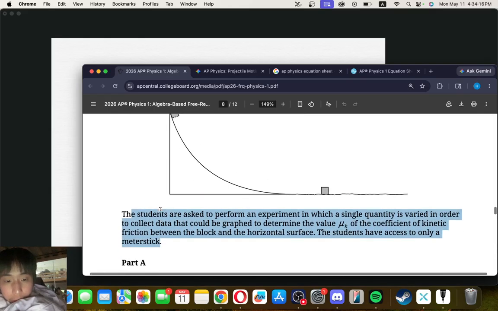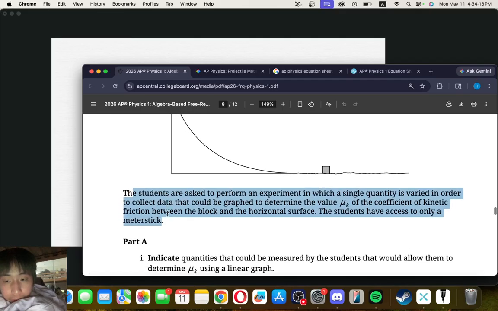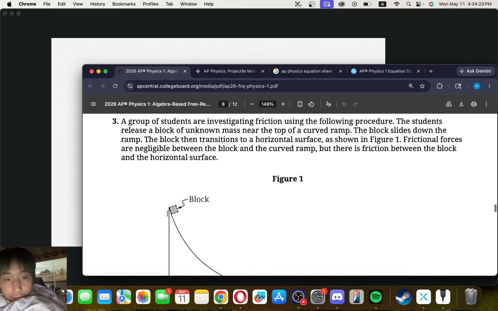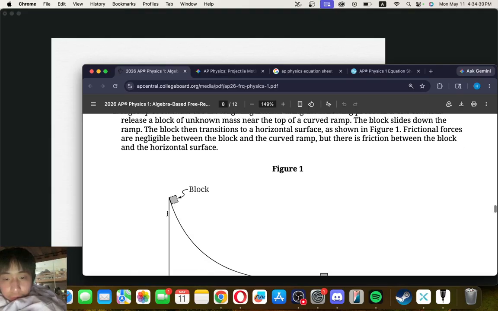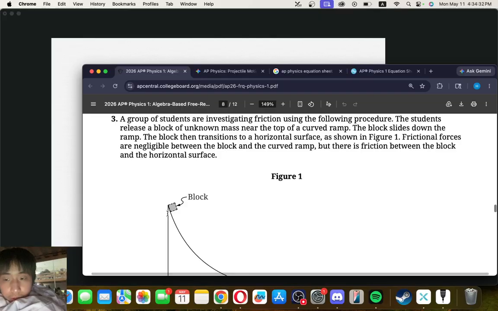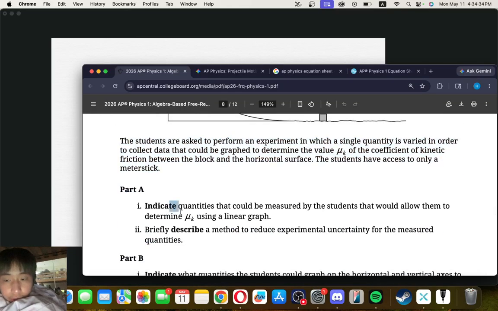Okay, I'll assume that the height of the ramp can be changed, because the only thing that you could measure is height, mass, and distance.